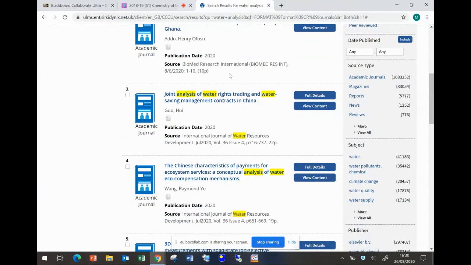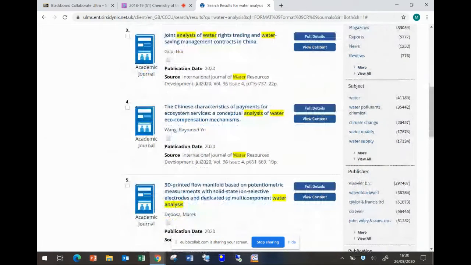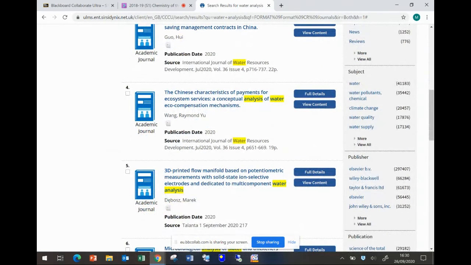Water rights, I don't think water rights trading, International Journal of Water Resources. Payments for ecosystem services, again, for the type of information that I'm having in the practicals of water quality, which is the analysis of the abiotic factors, physicochemical parameters of the water, it might not be that useful.